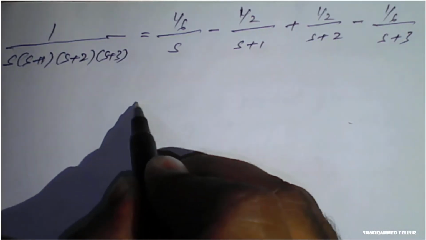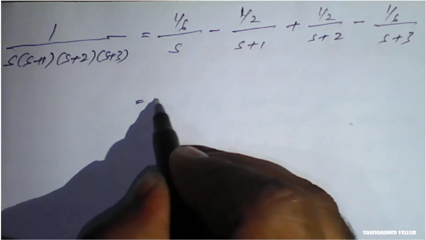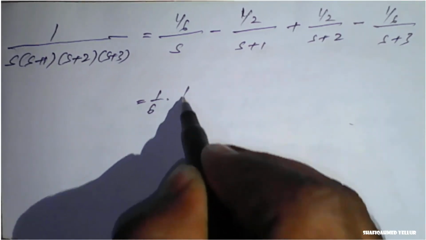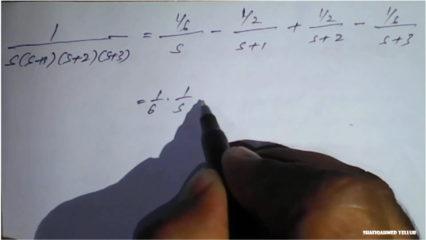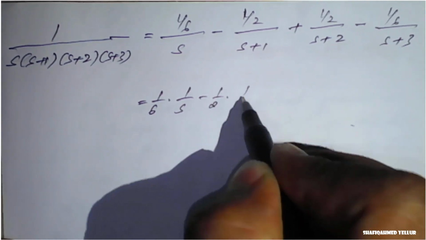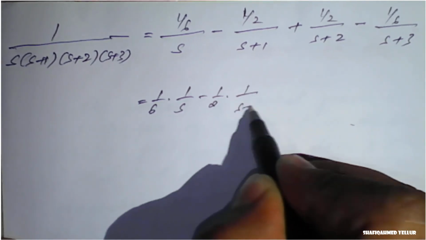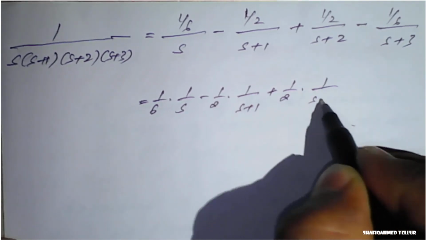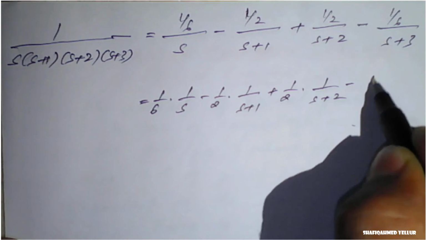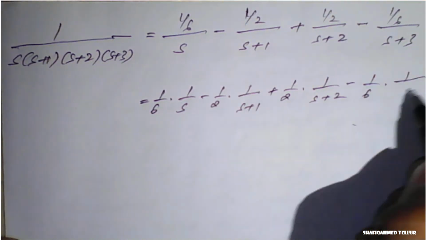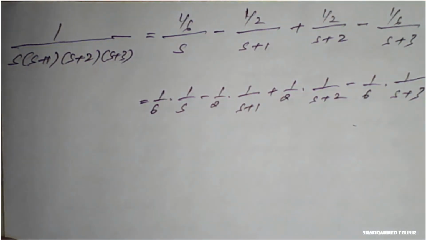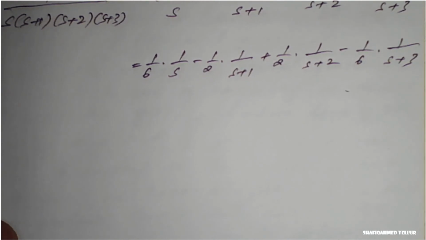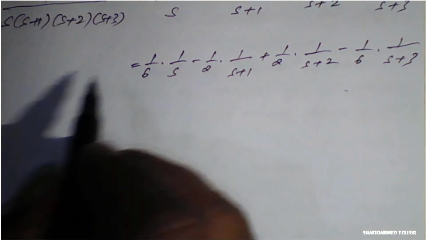So we will simplify once again. 1 upon 6 can be written as 1 upon 6 into 1 by s, minus 1 upon 2 into 1 upon s plus 1, plus 1 by 2 into 1 upon s plus 2, minus 1 upon 6 into 1 by s plus 3. Now for this we'll apply inverse Laplace transform on both sides.